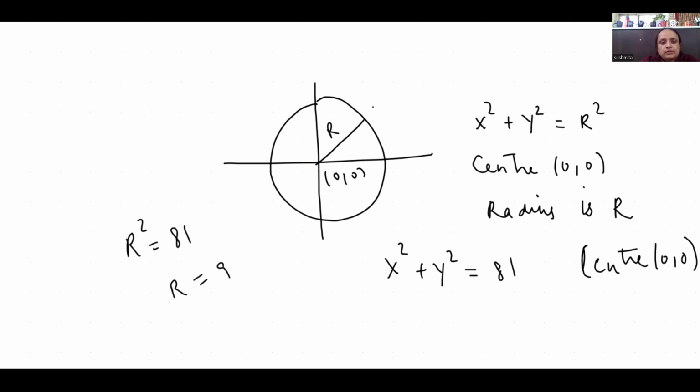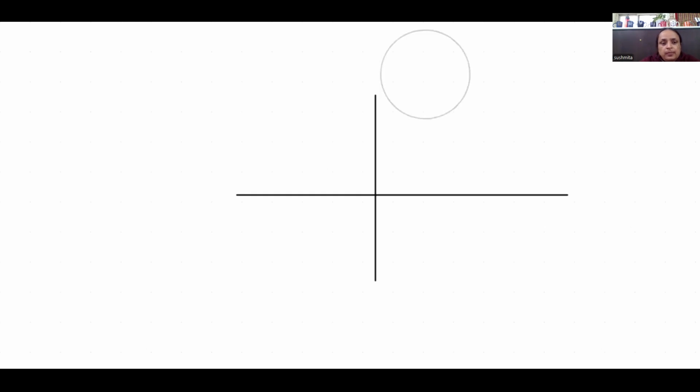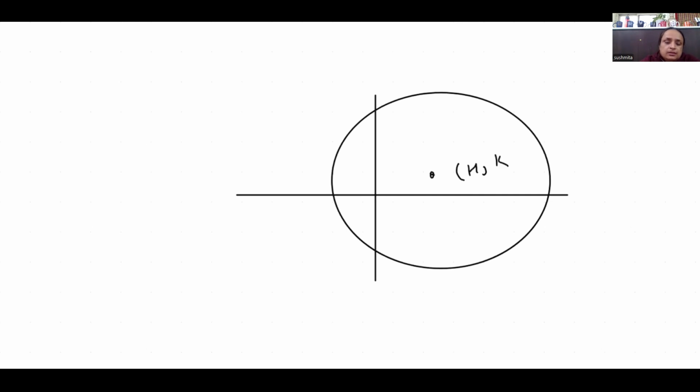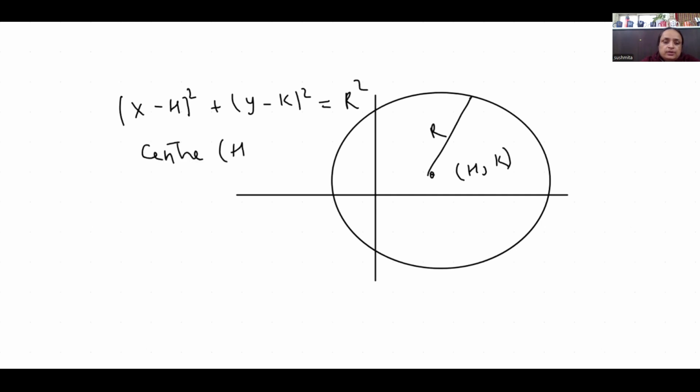Now, another equation is for when the center is not 0, 0. In that case, if the center is h comma k and the radius is r, then the equation will be x minus h whole squared plus y minus k whole squared equals r squared. So the center would be h comma k and the radius is r.